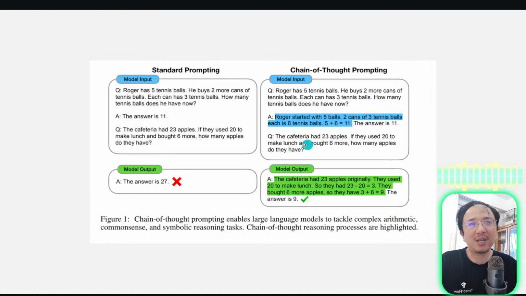Because of in-context learning, it will follow the same pattern of the example, so it will answer step by step. And the observation suggests that if we use this chain of thought prompting pattern, it will have higher accuracy in answering the questions correctly.